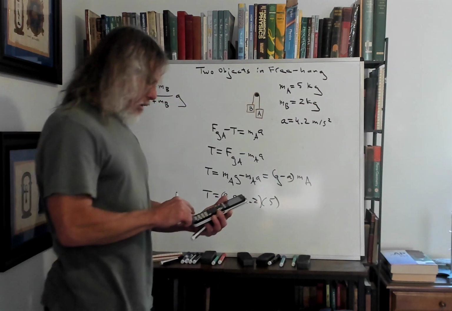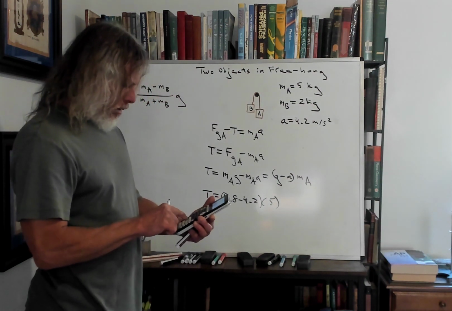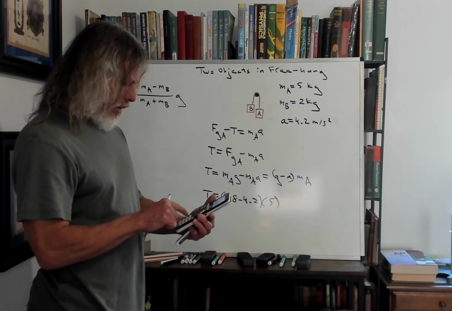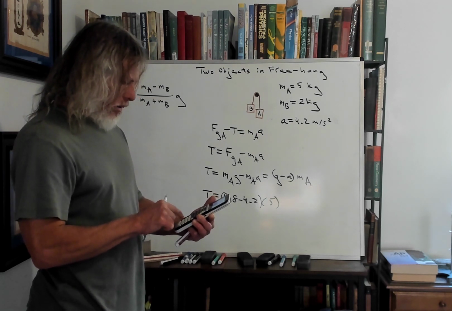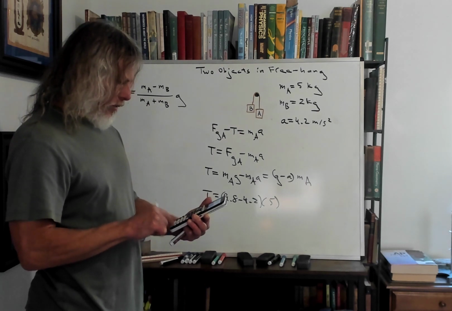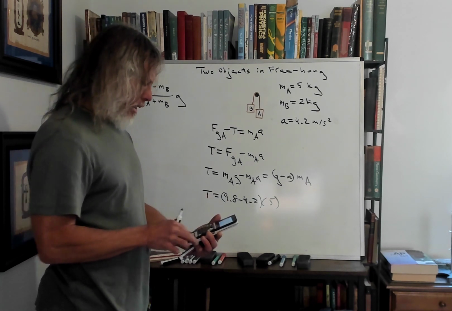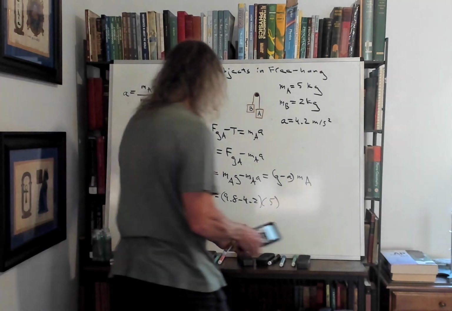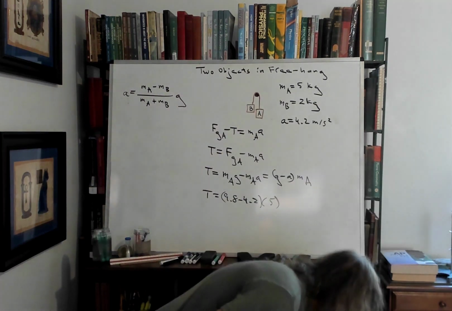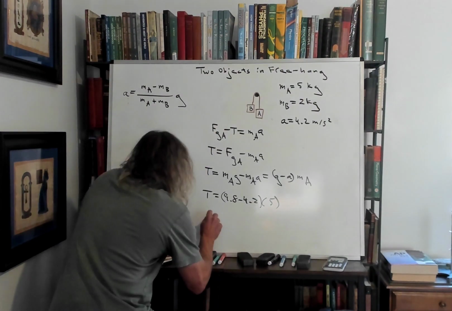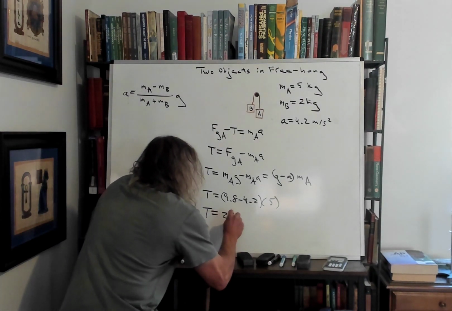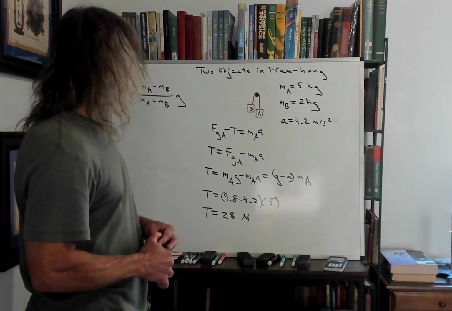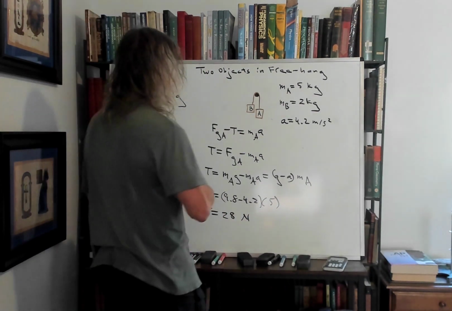Then we get, parenthesis 9.8 minus 4.2 parenthesis times 5 equals 28. Do I have that in right? 9.8, 4.2, 28. Tension is 28 newtons.